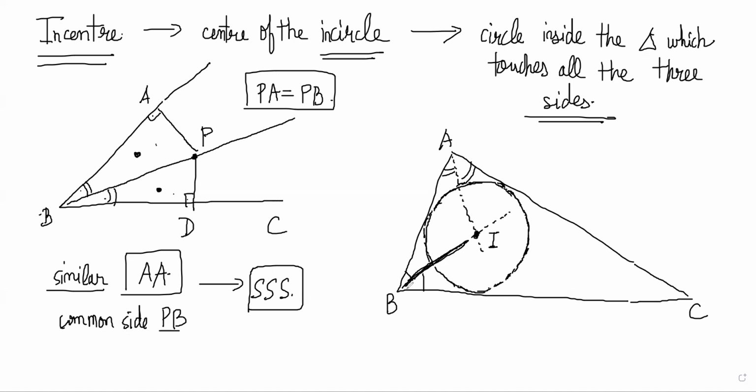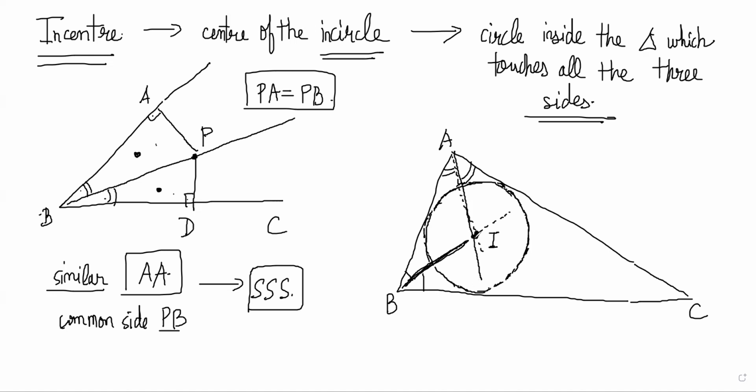Any point lying on BI is equidistant from which two sides of the triangle? Like AB and BC? And any point lying on AI is equidistant from which two sides? AB and AC.